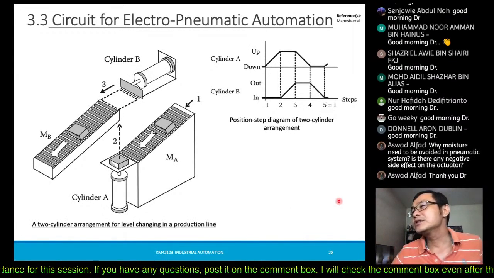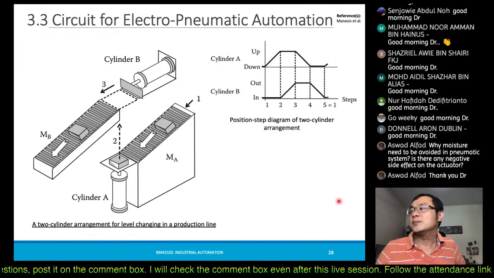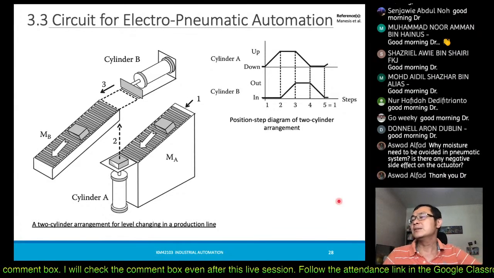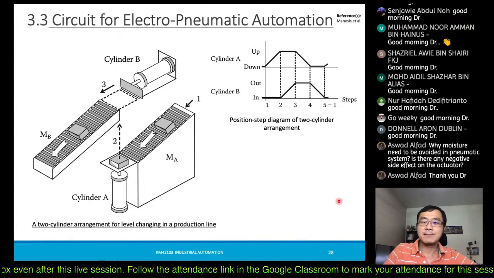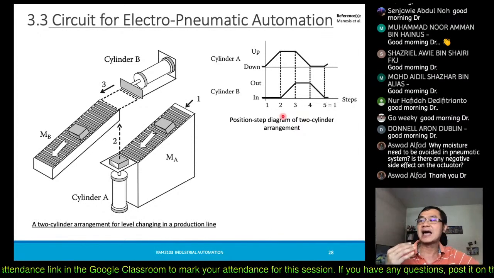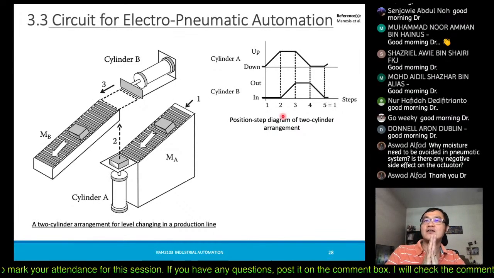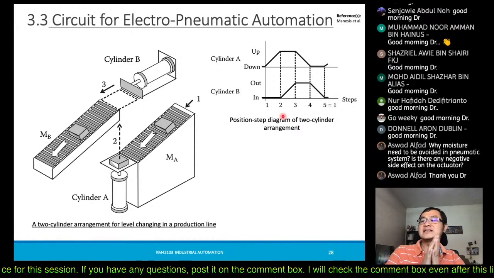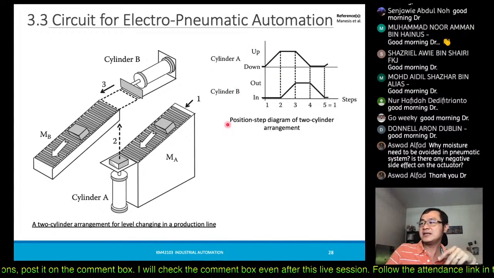Another example: when you design electro-pneumatic automations, one important and useful diagram is the position step diagram. Sometimes you may want to visualize the operations of the cylinders, maybe multiple cylinders, such as cylinder A, B, C, and so on.